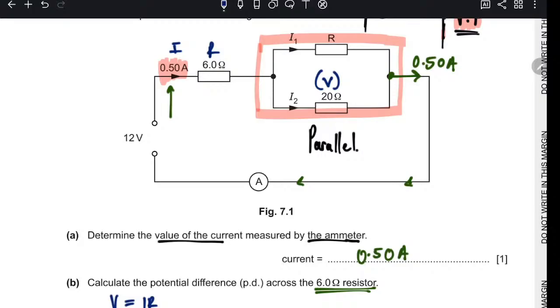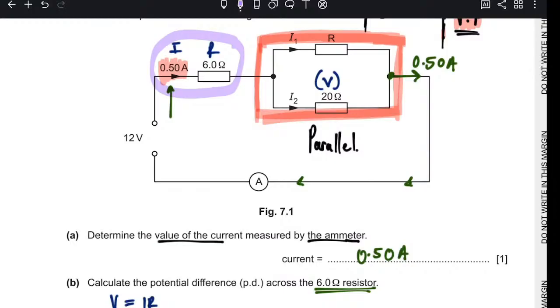Now, let's talk about it, because this is the most important thing. Let me ask you a question. You see this parallel circuit, the one we have put in red here. These two are in parallel with each other. But these two are in series with this. They're in series with that.